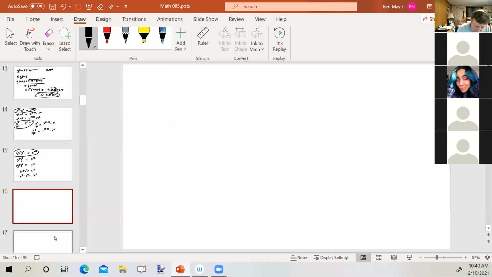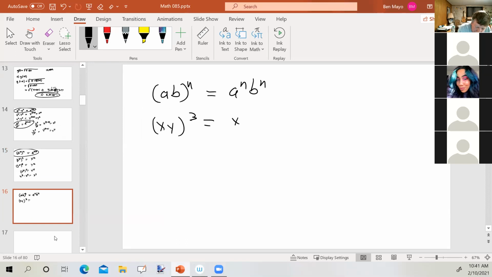Okay. Let's say we have a product raised to a power. Then we attach the outside power to each factor inside. So let's say I've got x, y, the quantity cubed, that's x cubed, y cubed. Or maybe I've got 2x to the fourth power. That's 2 to the fourth power, x to the fourth power.